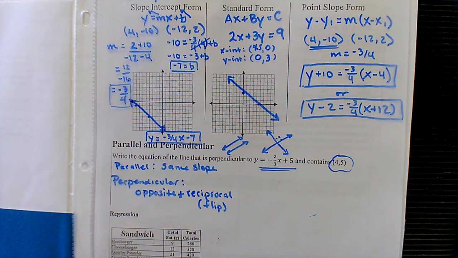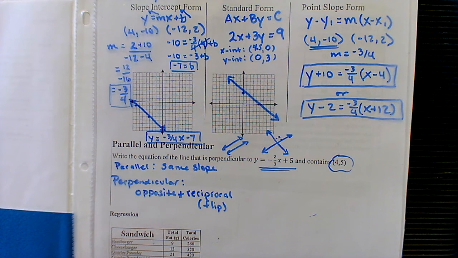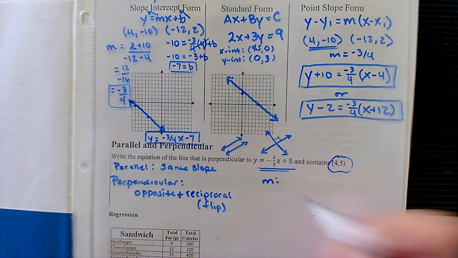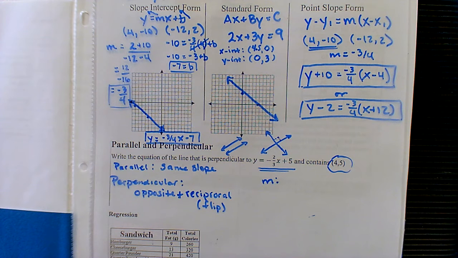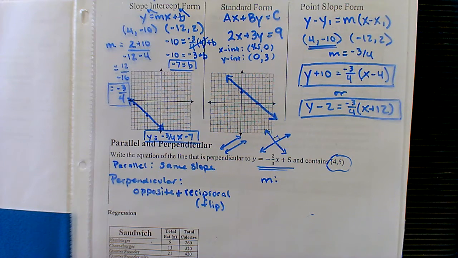So if we know a slope and we know a point, it might be in our best interest to use point-slope form. Notice how that's what you know, so that's what you're going to use.